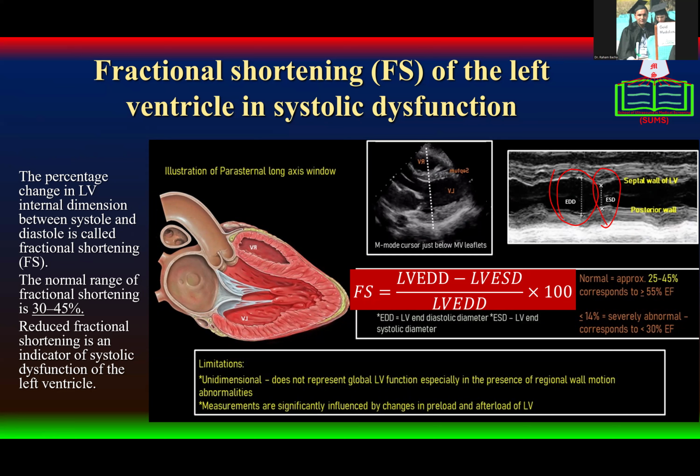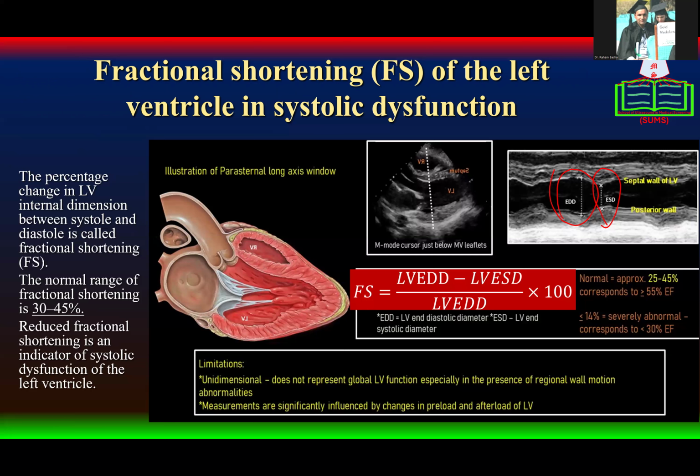The systolic dimension is subtracted from the diastolic dimension, and the result is divided by the diastolic dimension, which gives the shortening in the total dimension, and that value is multiplied by 100 to get the fractional shortening.